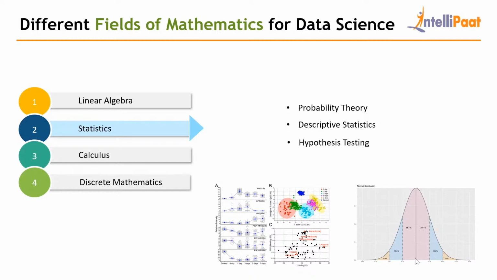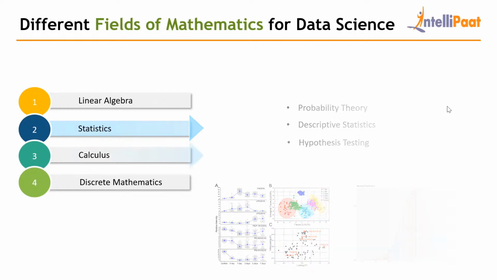So this is all about the statistics that is used in the field of data science, that helps us to efficiently visualize and analyze the data and feed that information to the model that we create so that the model can perform predictive analytics.